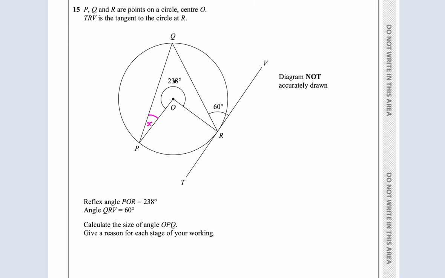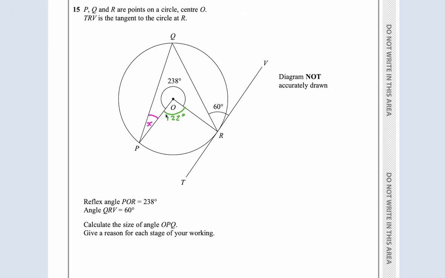So this is 238, which means this angle here equals 122. This has to be 122 because this has to equal 360. Now he says give a reason for each stage of your working, guys.